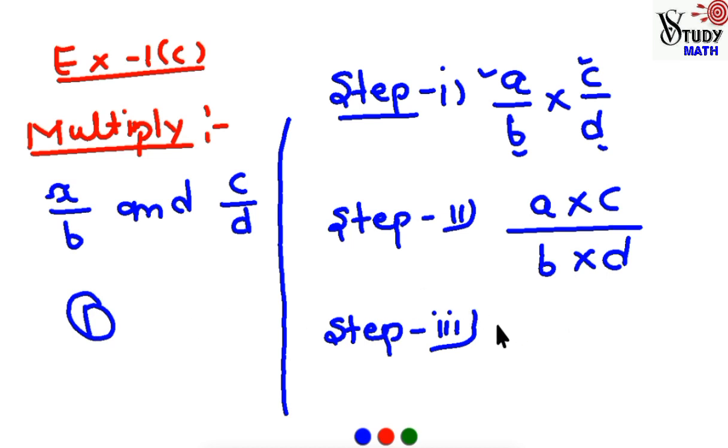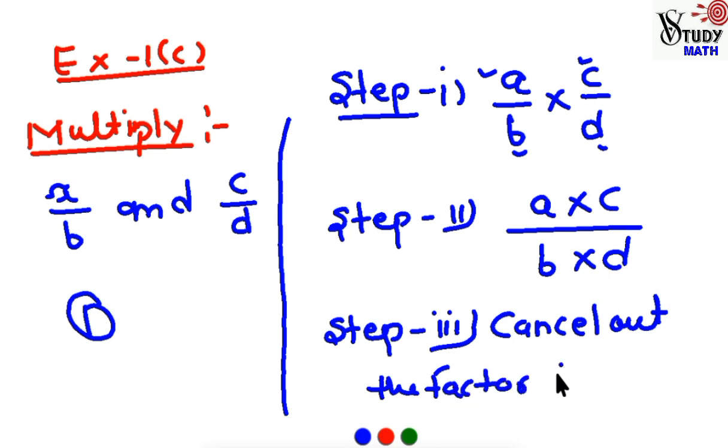So for that, in the third step, what we have to do is cancel out the common factor between numerator and denominator.